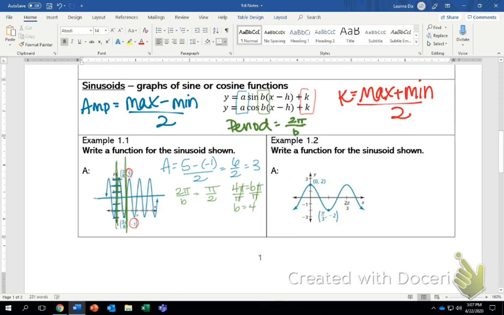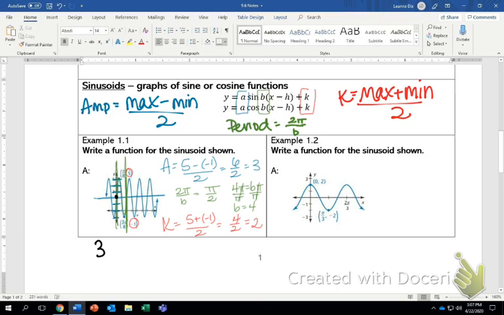All right, so I found my amplitude, I found my b value, and now I need to find my k value. So again, I use my maximum and minimum, but now I'm going to add them. K is going to equal 5 plus -1 over 2, which equals 4 over 2, which equals 2. Now that I have all my pieces, I can go ahead and write it into an equation. Remember, it follows the format that we have above, so it should be 3, that's my amplitude.